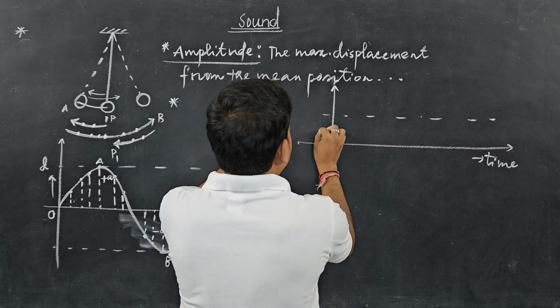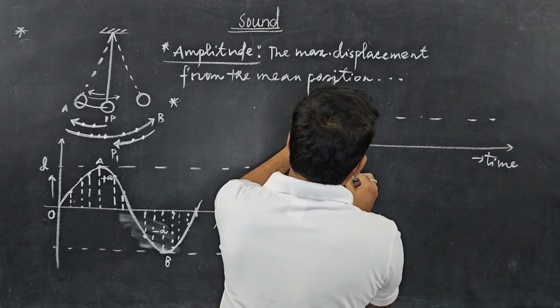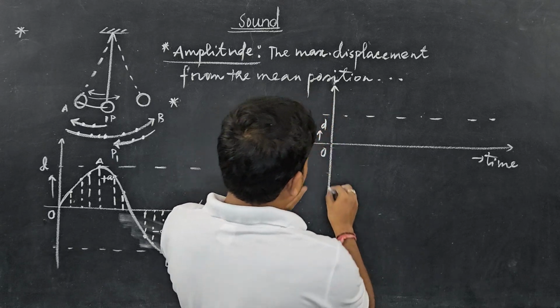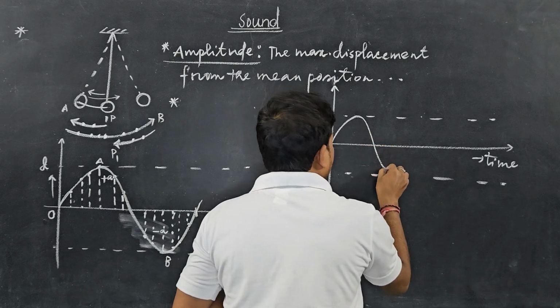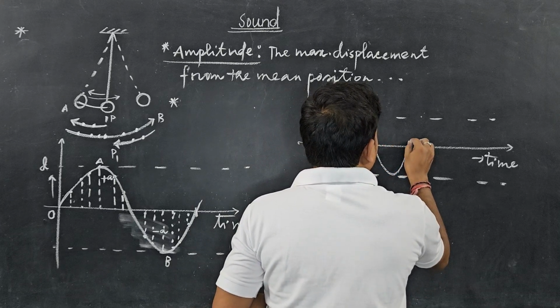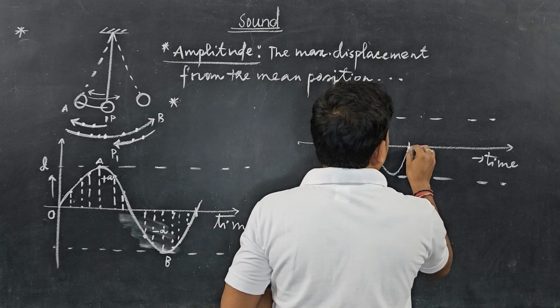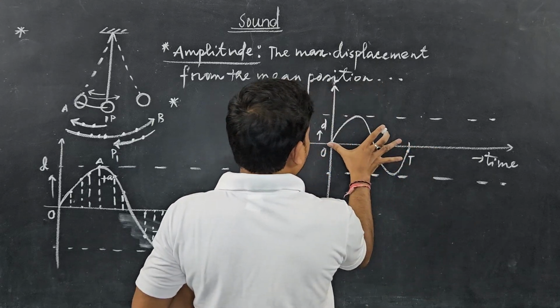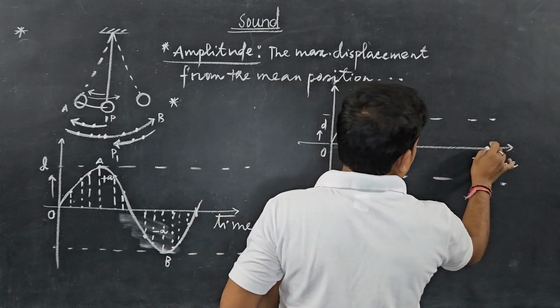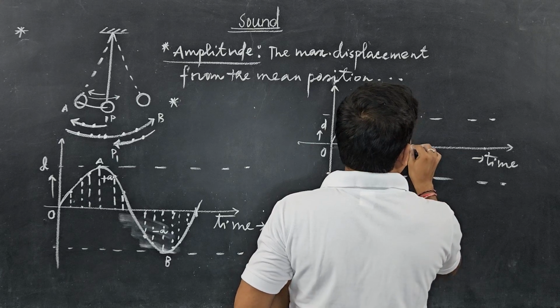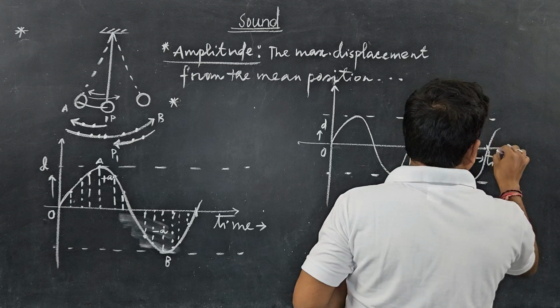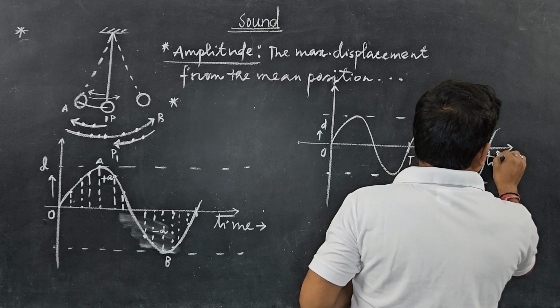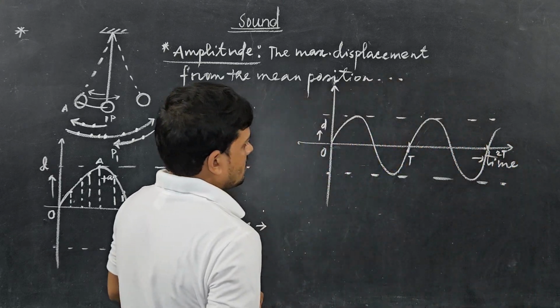This is O, this is displacement D. Now let this be the first vibration of the pendulum, and the time period will be T. As it is periodic, the gap will be the same. That means it also executes periodic motion. This will be twice T.